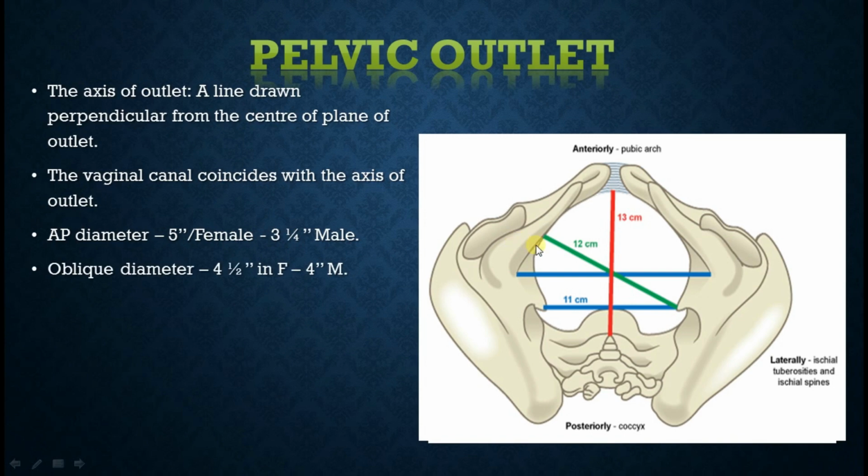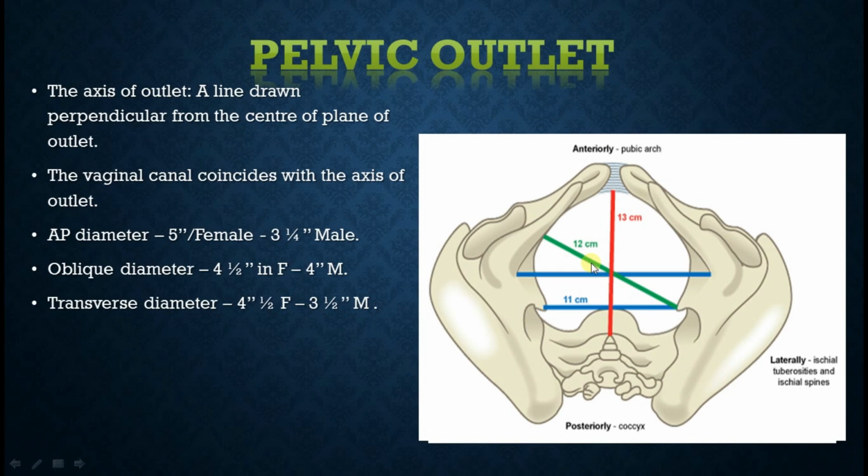So the anteroposterior diameter again is 5 inches in case of females. In case of males, it is only 3/4. So that is why the pelvic cavity is conical in shape. Oblique diameter and then the transverse diameter.